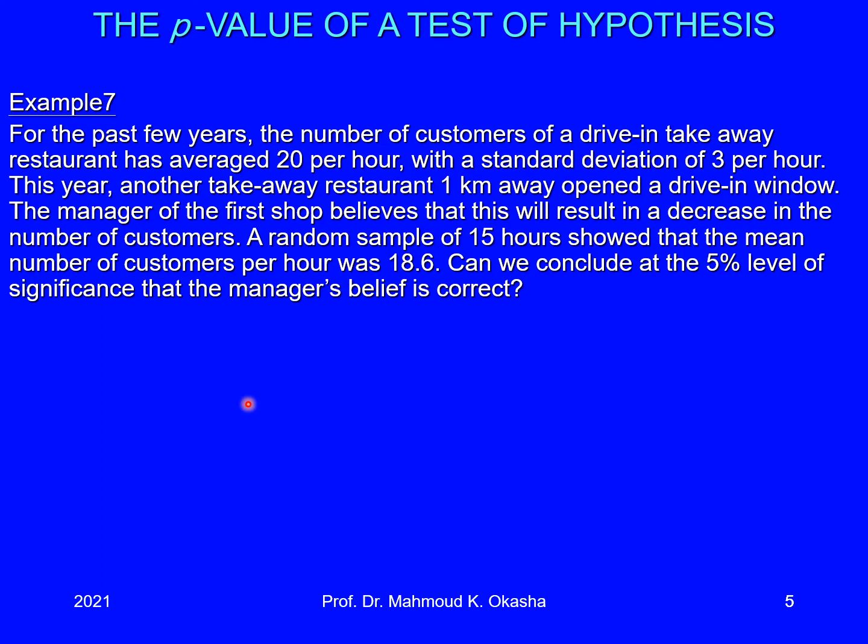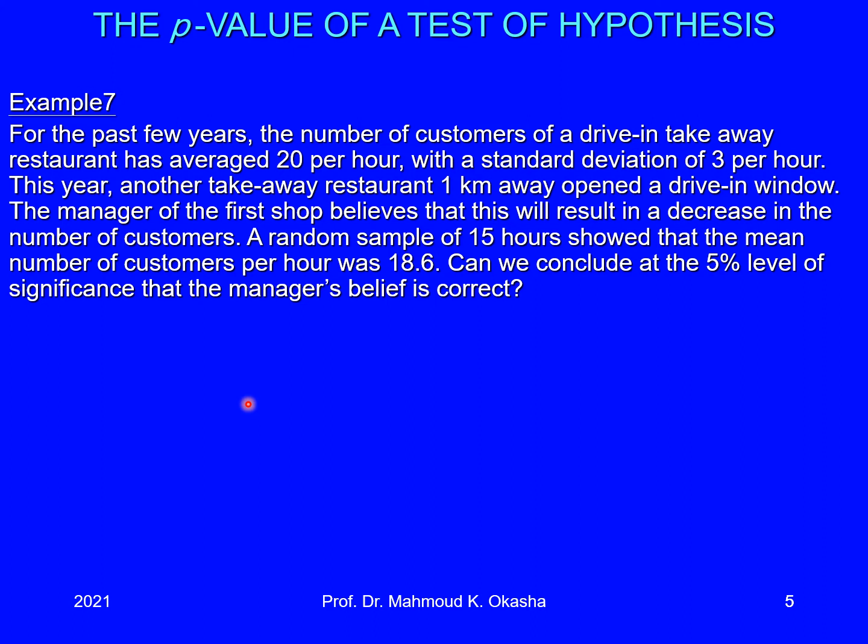The manager of the first shop believes that this will result in a decrease in the number of customers. So the belief is that the average will be less than 20.